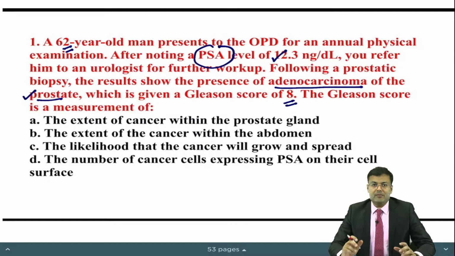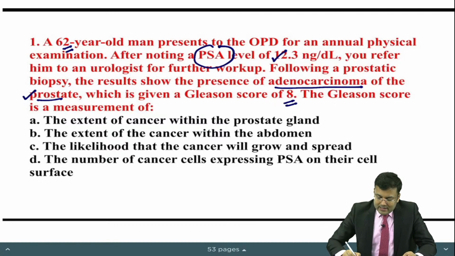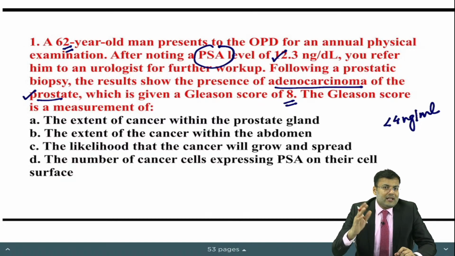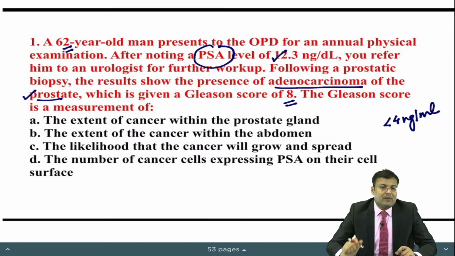Here the patient is having adenocarcinoma prostate. What is the normal PSA? The normal PSA is less than 4 nanogram per ml. You know that there is Gleason grade and there is Gleason score. What is Gleason grade? Whenever you take a biopsy, the most commonly observed histological pattern is the primary grade, and the second most commonly observed histological pattern is the secondary grade.